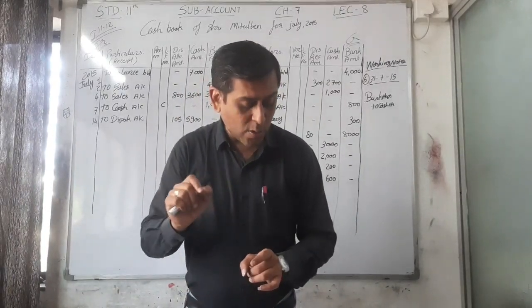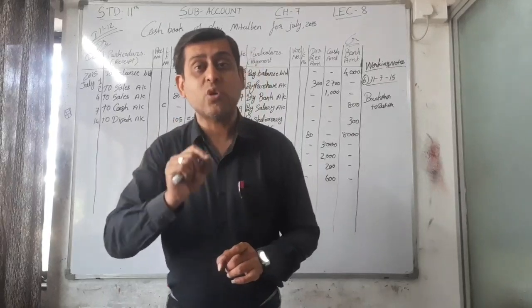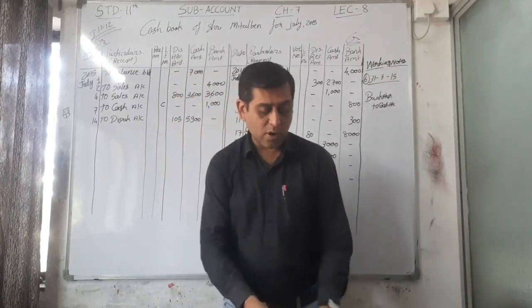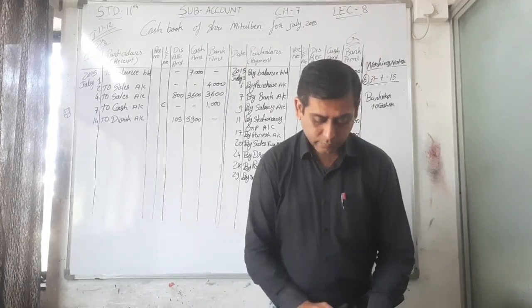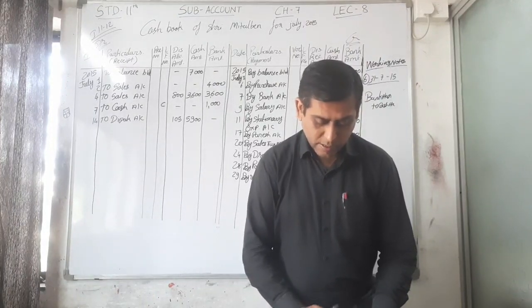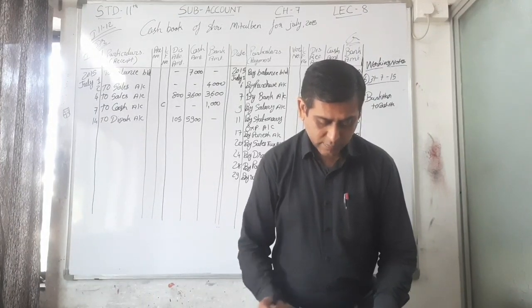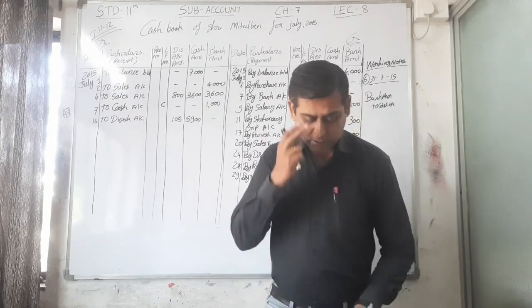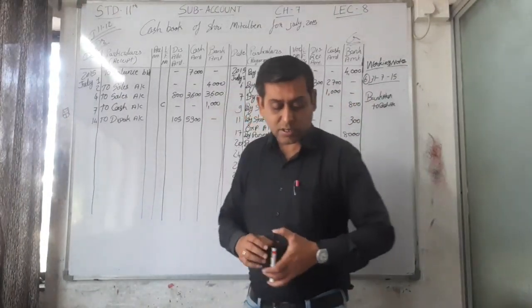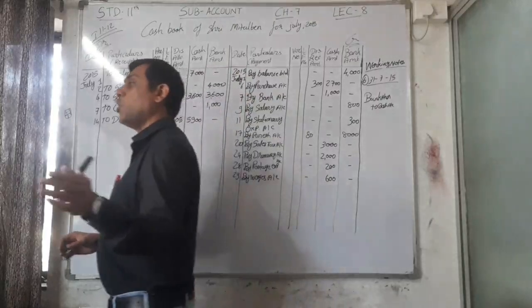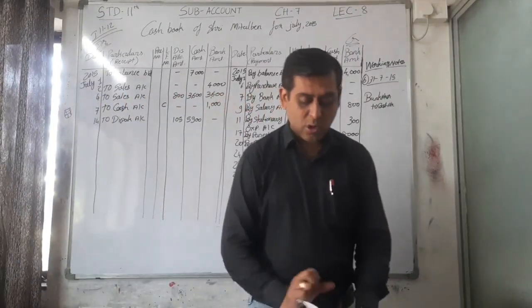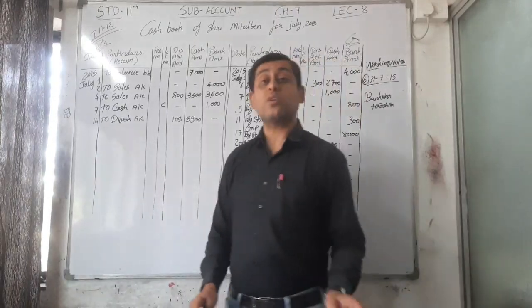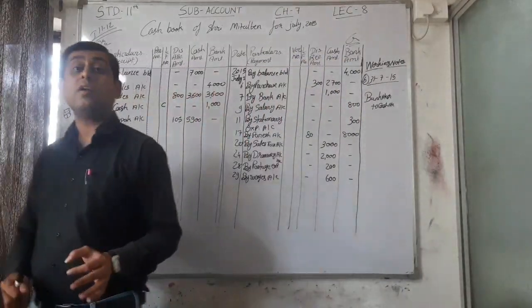Underline this particular phrase, after keeping cash on hand. See, this phrase is also written in illustration number 6, in the last transaction. In the same way here, after keeping cash on hand rupees 2000. What does that mean?